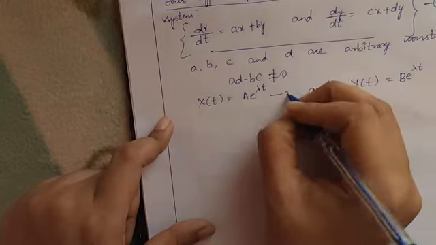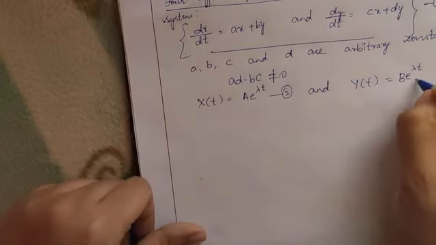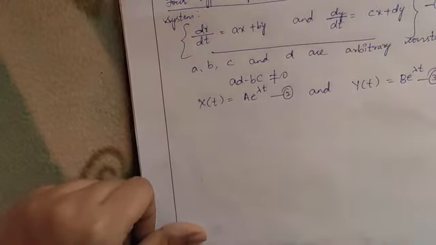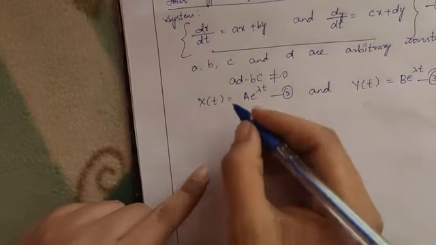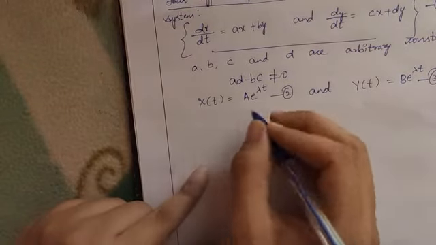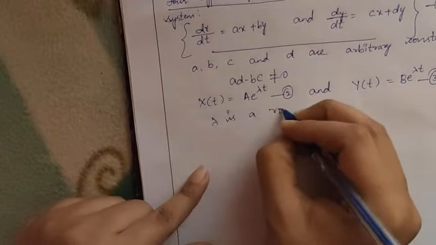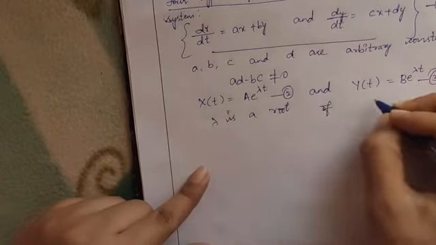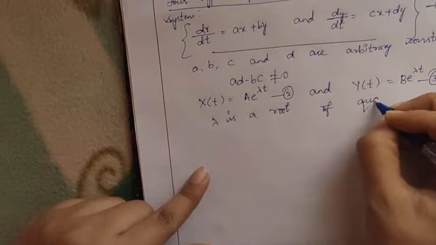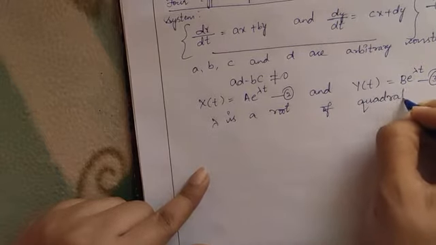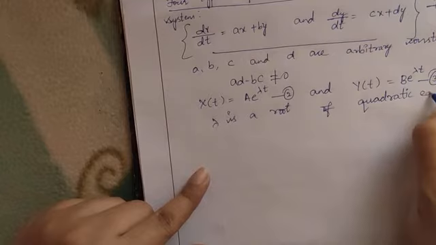I will call these equation number 2 and equation number 3. So here lambda is a root of a quadratic equation, that is nothing but eigenvalues, right?